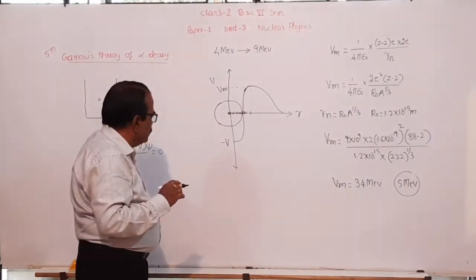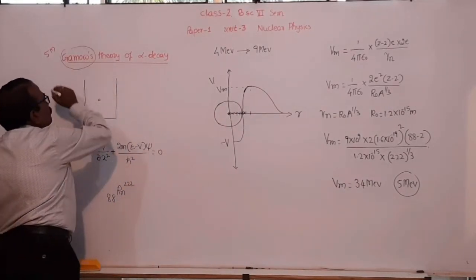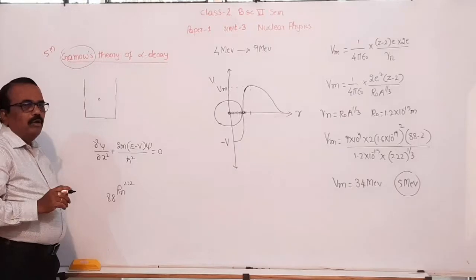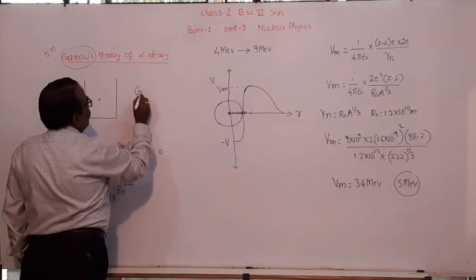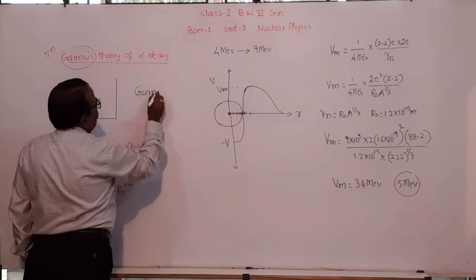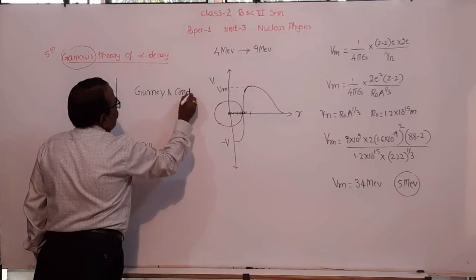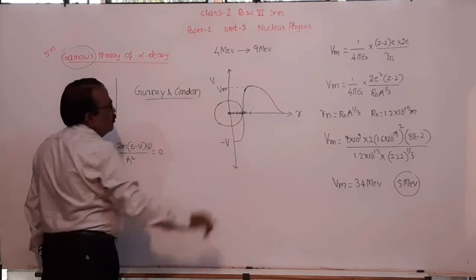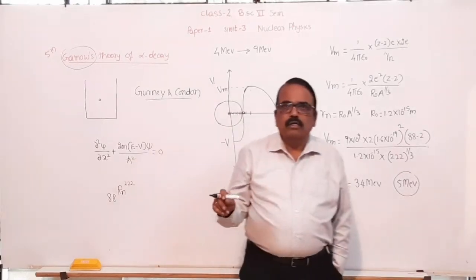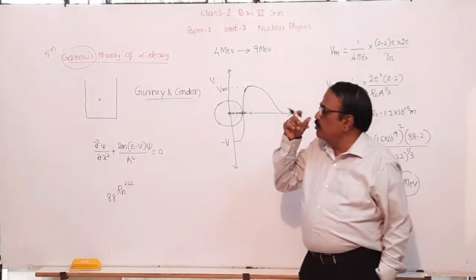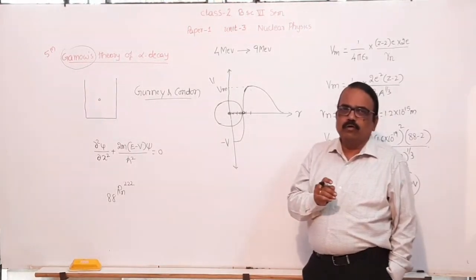Then different scientists, first one is Gamow, and later on independently Gurney and Condon, have applied the wave mechanical theory to this alpha emission, or how the alpha particle comes out from the nucleus.